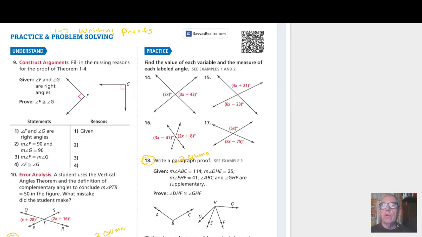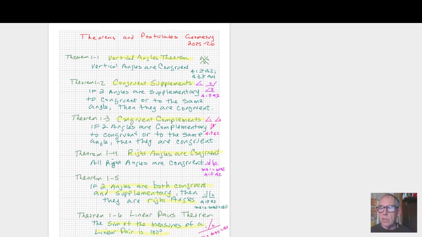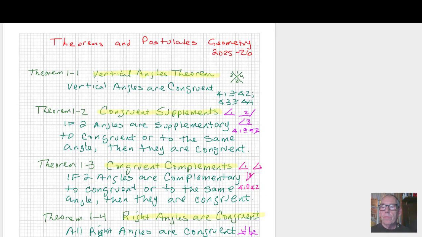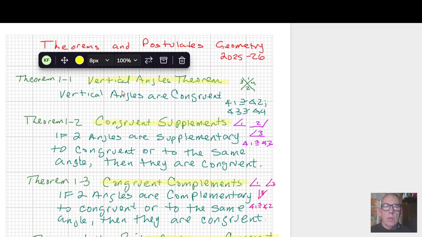So kind of as a review, let's go over and look at our proofs that we've had so far in this section. Let me blow this up. So we have theorem 1.1 was our vertical angles theorem. Now the way these are named, this comes from chapter 1.